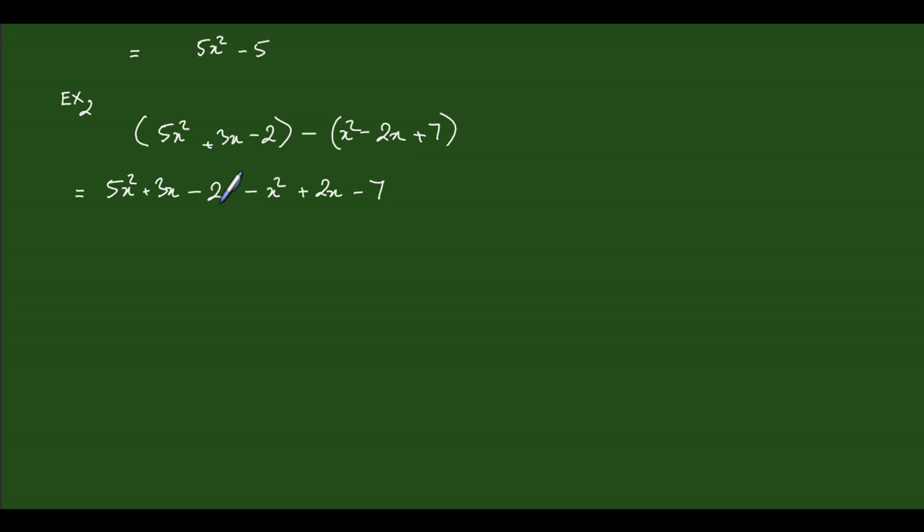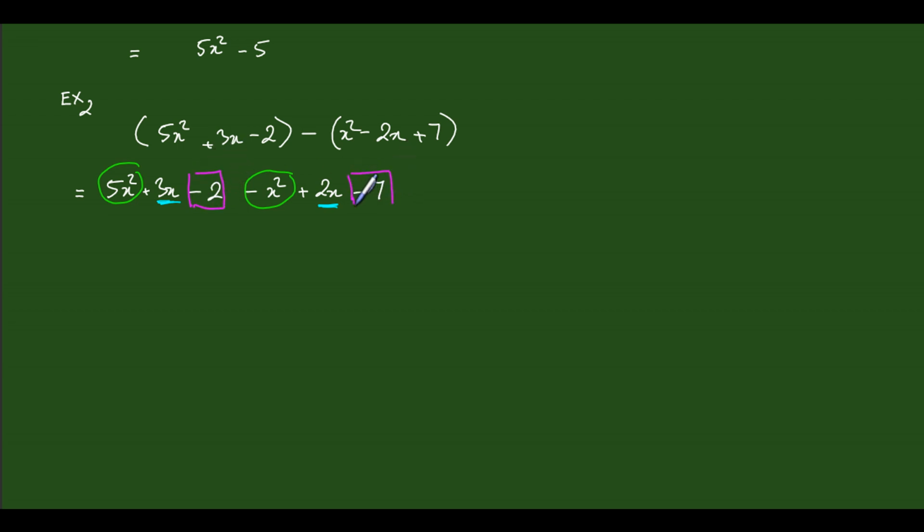Okay, then I'm looking for similar terms. So this is a similar term with this, right? And this one is a similar term with this, right? And the last one is this one and this one.